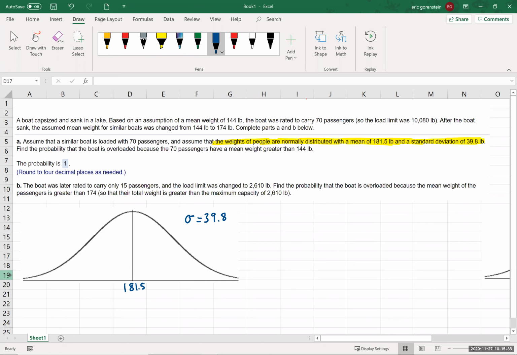Now, part A, find the probability that a boat is overloaded because the 70 passengers have a mean weight greater than 144. Okay, so here's 144.